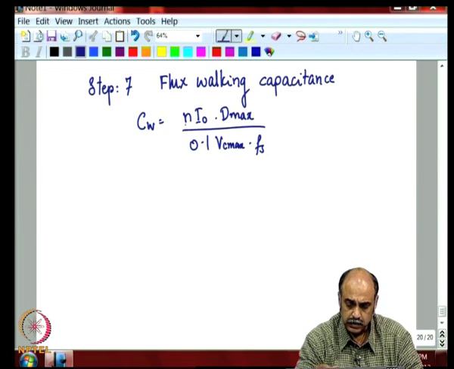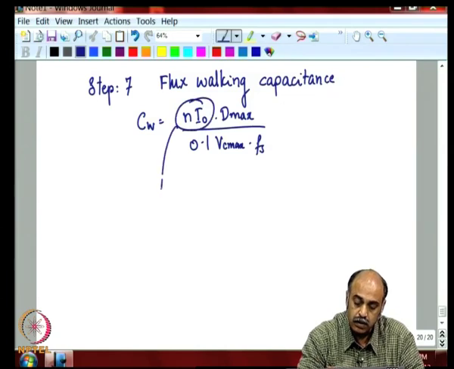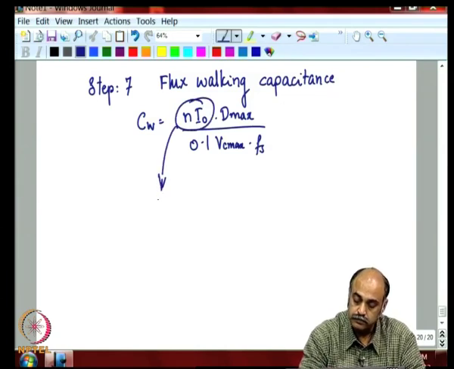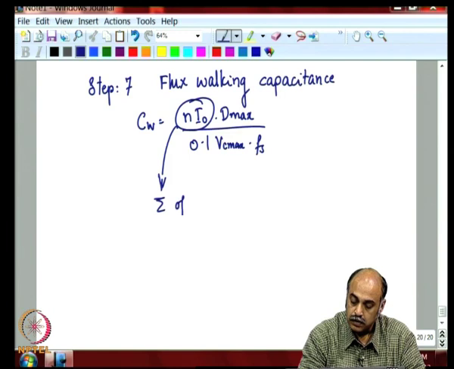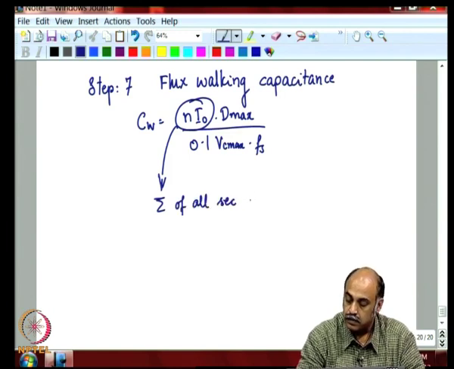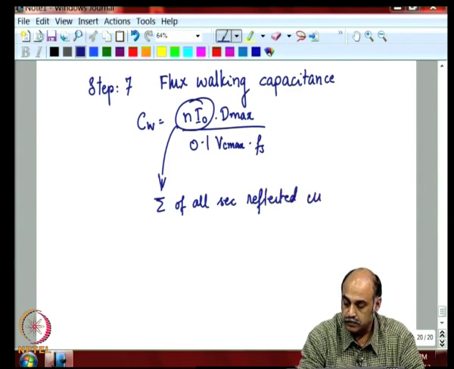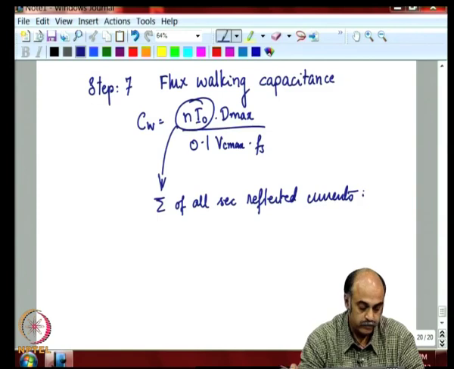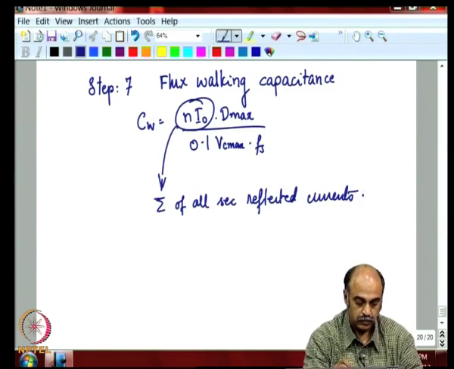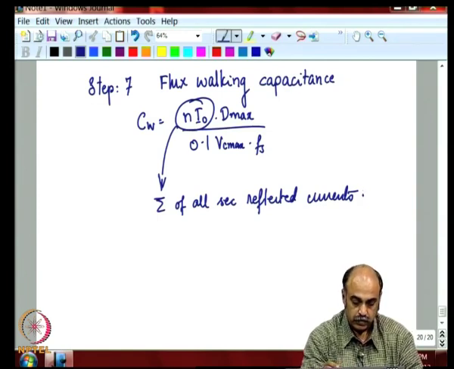Now, remember that this N I naught is the primary current, which is basically the sigma of all secondary reflected currents. Okay.